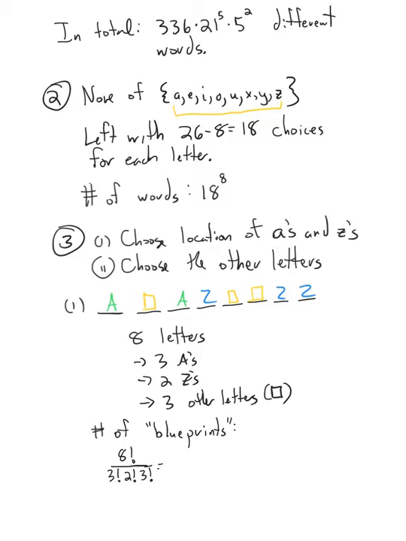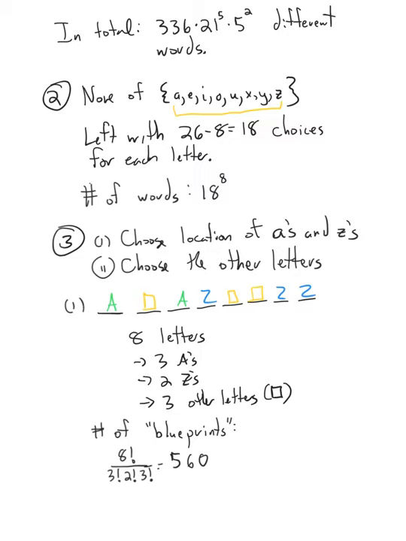So if you simplify this, let me just tell you, 560. So there are 560 different blueprints where our A's, our Z's, and our squares could go.